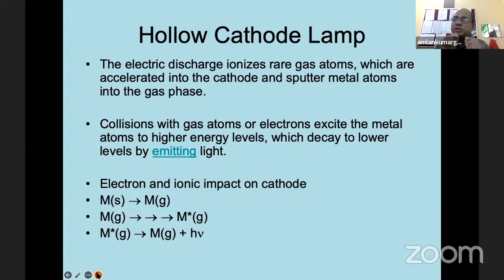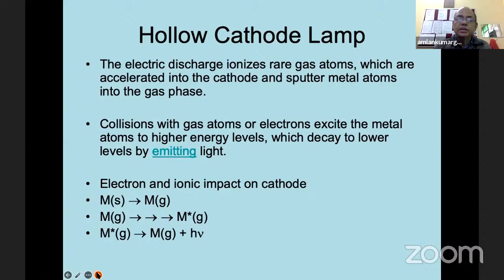While going towards the cathode, it hits other argon also, and so these ionized argons go and hit the cathode. As it hits the cathode, it dislodges some atoms of the cathode, and these dislodged atoms will be hit by other electrons and other ions of argon.